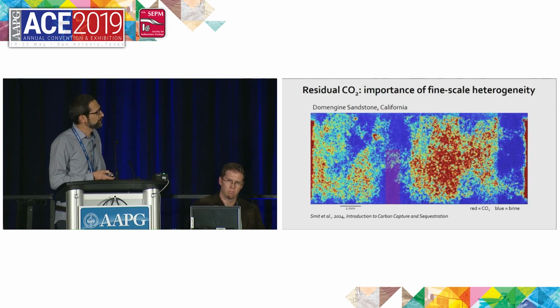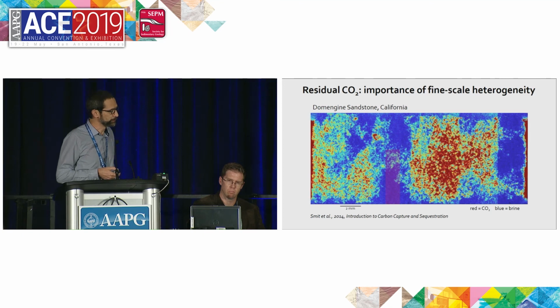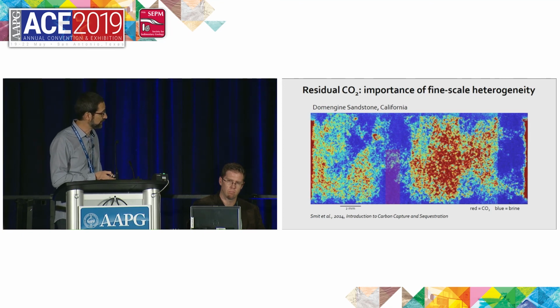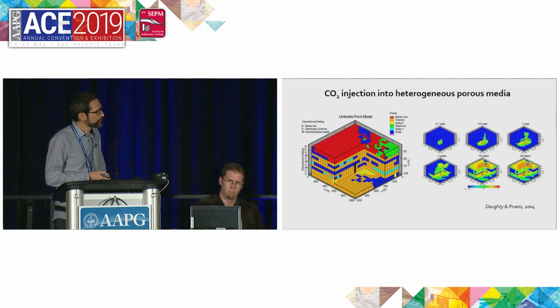So this is an example of a sandstone that has significant residual saturation of CO2. And one of the implications of this is that all the fine, interesting sedimentary details in heterolithic rocks that we sedimentologists are very interested in are likely to become more and more important in the future as this becomes a big business. At a larger scale, we will need to build models just like we are building reservoir models today.